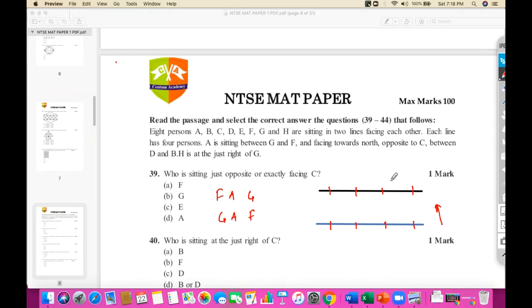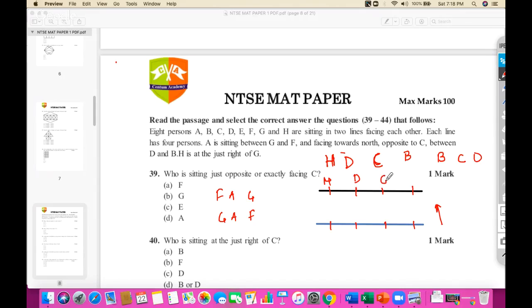And opposite to A, it would be C, and C is between D and B. So it can be like this, or it can be like B, C, D. H is just right of D. So H has to be here. Try to understand. If H has to be here, then only it will be right of D. So it is clear out here.